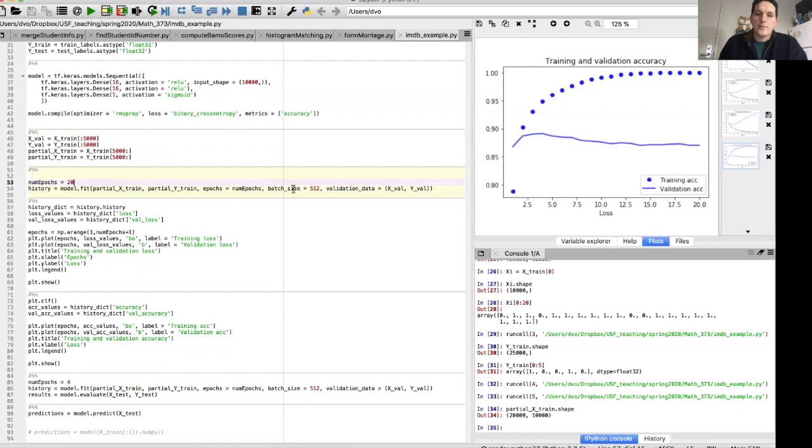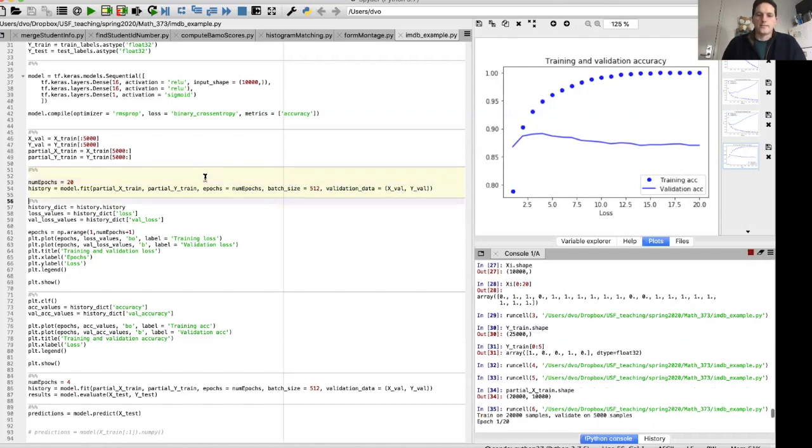And you remember I discussed in stochastic gradient descent, we don't have to use a batch size of 1. We can use other batch sizes. In this case, we're using a batch size of 512. And we're telling TensorFlow to keep track of how well we're doing on the validation data as the training progresses. So let's go ahead and train our model.